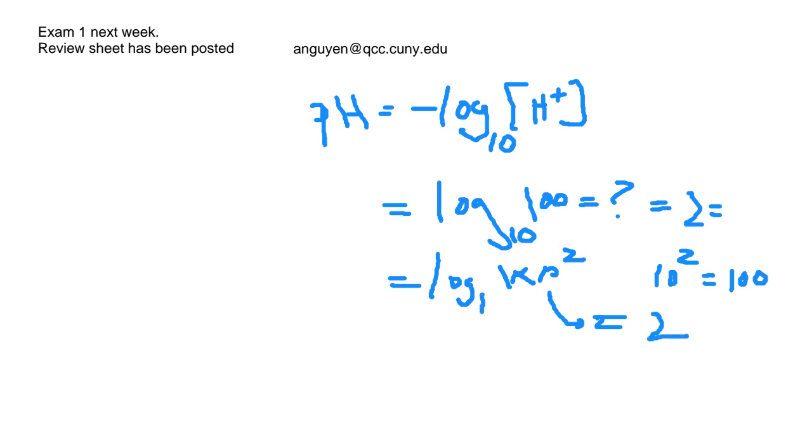Right? So let's do one more time. What is the log of 1 times 10 to the 3? That's 3. That means I need to raise 10 to the third power to give me this concentration, right?